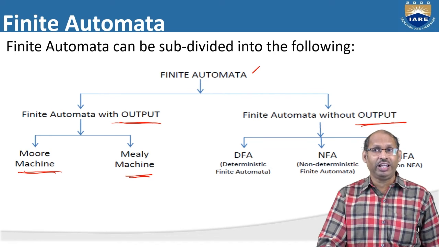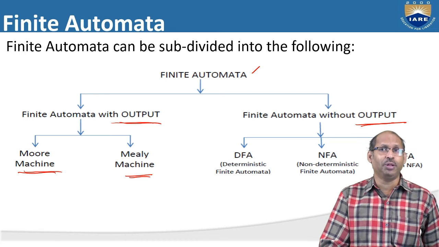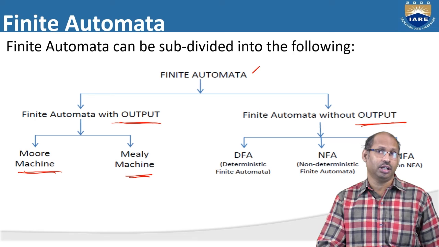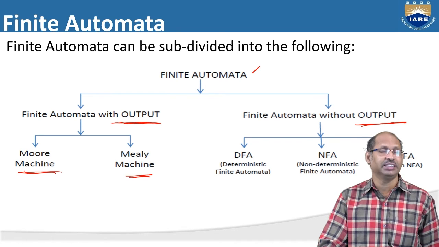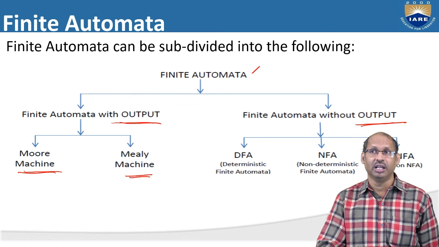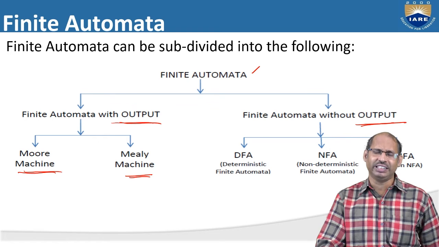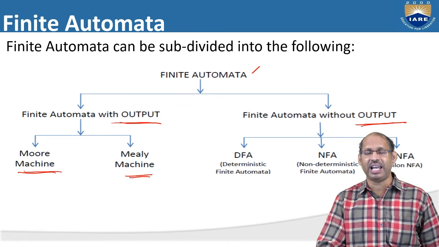A finite automaton which gives an output string is called a Moore or Mealy machine. Otherwise, a finite automaton simply says whether the string is accepted or not, yes or no, without output.